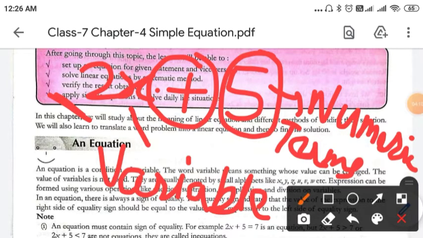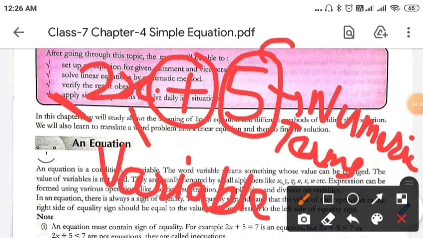So there is one alphabet, the variable, and two numeric terms: the first is 5 and the second is 2. The 5 is a separate numeric term which is not associated with any variable, and such a term is simply called a constant term.